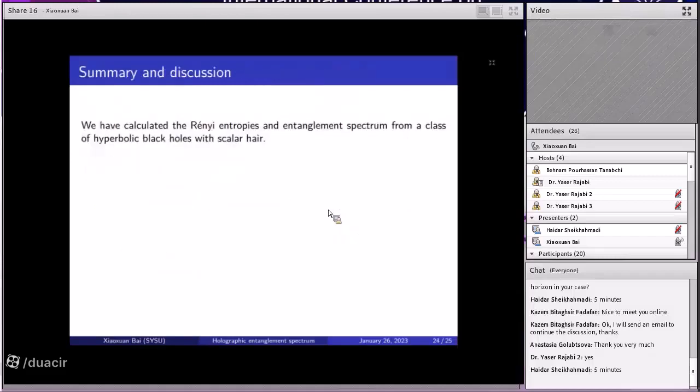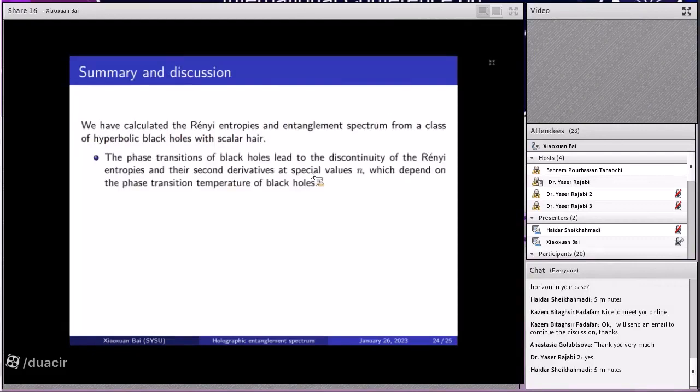To briefly summarize, we have calculated the Rényi entropies and the entanglement spectrum from a class of hyperbolic black holes with scalar hair. The phase transitions of black holes lead to the discontinuity of the Rényi entropy and their second derivative at special values of n. It depends on the phase transition temperature of the black hole.